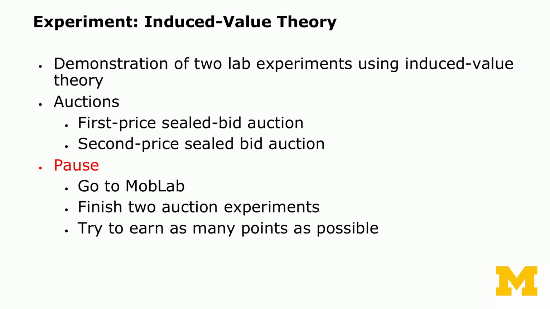You can go to MobLab and finish these two auction experiments. So to motivate you, the points you earned in these experiments actually count towards your grade, and we're not grading on a curve. So it does satisfy our three conditions for the proper reward medium, and you want to earn as many points as possible in the experiment. Have fun.